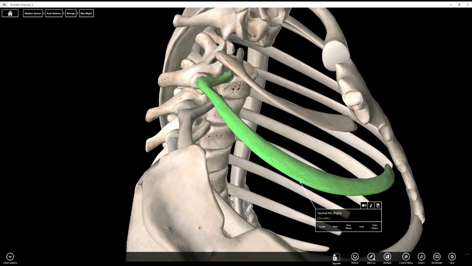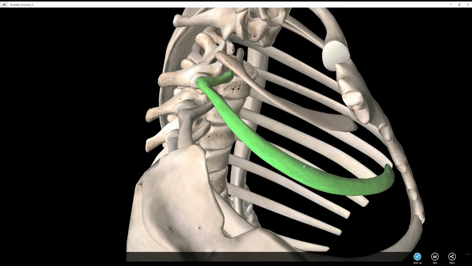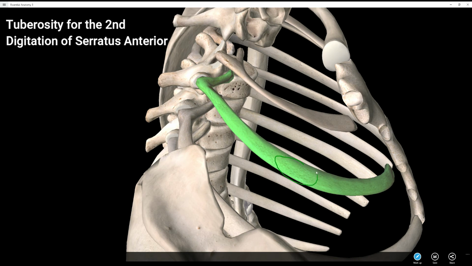But this region is normally roughened and raised, and that's because a piece of a muscle called the serratus anterior attaches there. Specifically the second digitation. If you've ever seen a serratus anterior, boxers usually have really big serratus anteriors. It's a muscle on the side of your rib cage that looks serrated because it has fingers. And if you just want to Google serratus anterior, you can see it.